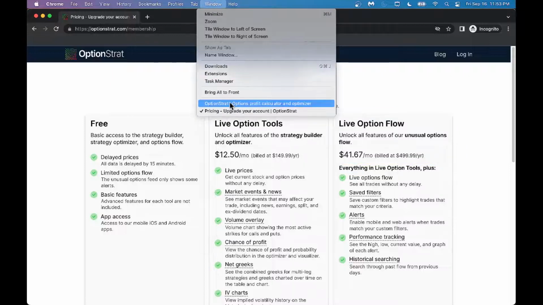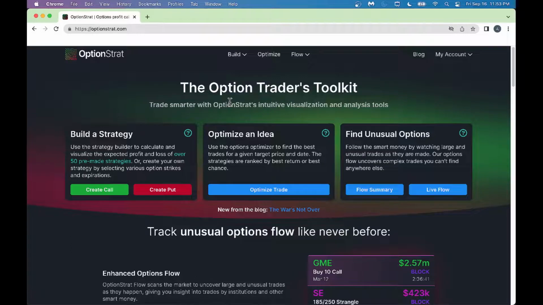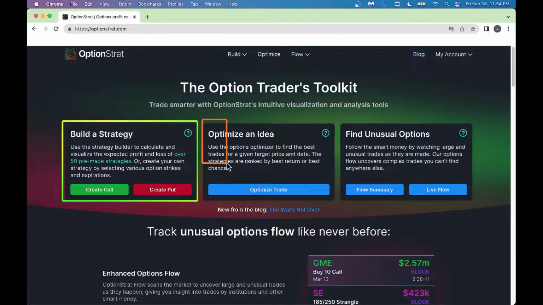All right, let's go back to Optionstrat here. Optionstrat has three main modules. The first module is really build a strategy. That's where you can start. You can build your own strategy. The next module is optimize the idea. I love this. This is a great tool here.